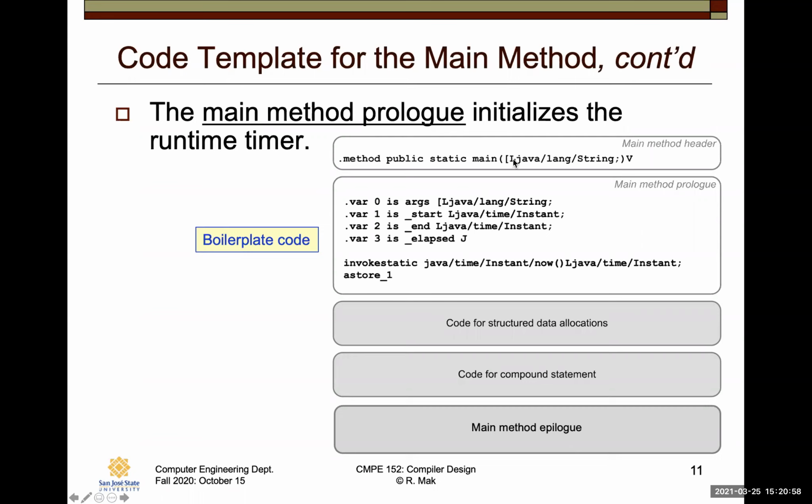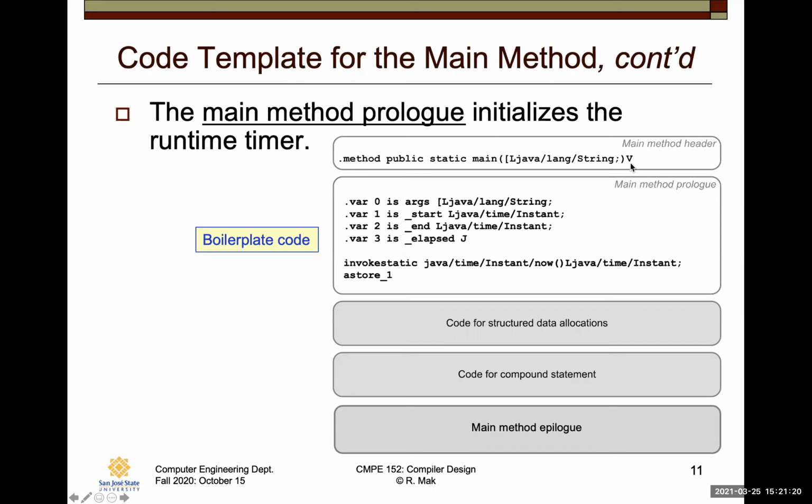Of course main returns void, it doesn't return anything, and so there's a v there. In Pascal the main does not return a value. Not Pascal, but in Java and Jasmine, the main does not return a value.